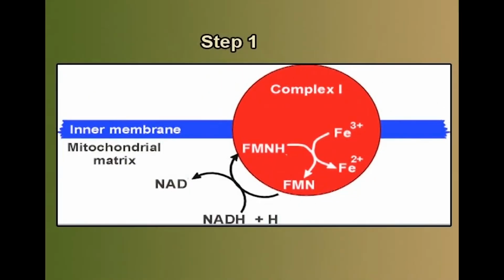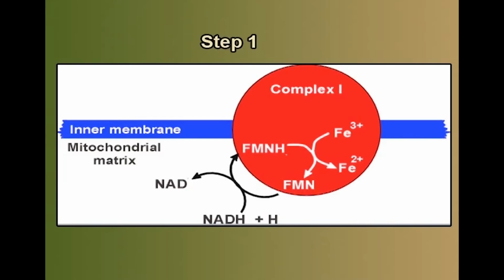So, in step 1, NADH, which has already been shown to be donated by a number of metabolic reactions of different pathways, binds to complex 1 and passes on 2 electrons to a flavin mononucleotide or FMN. This is a prosthetic group. As I told you, prosthetic groups can be metallic compounds or vitamins.